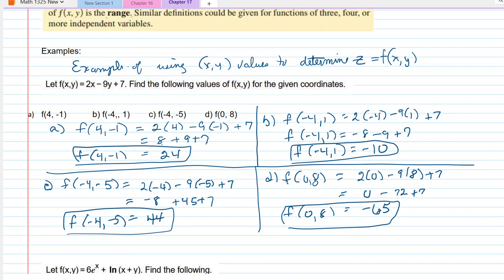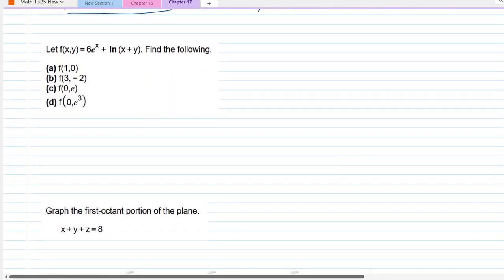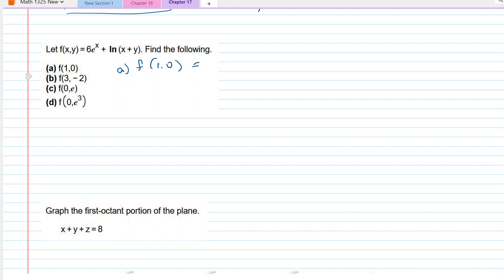Nothing hard, so here we go. On this guy, we have natural log. And we're doing the same processes except using natural log. For our a, I have f of 1 and 0. So I have 6e to the 0, to the 1, sorry about that. I got my x and y confused, didn't I?